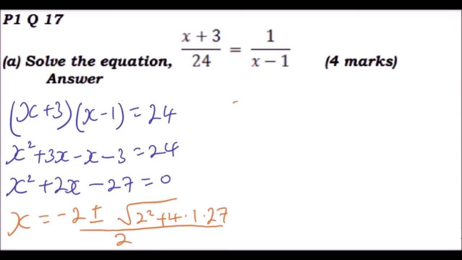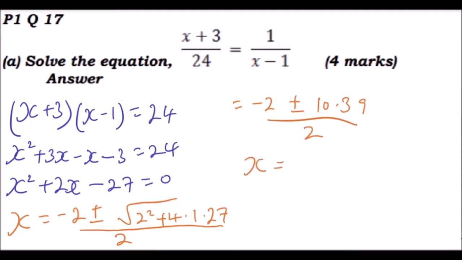So you find this is equal to minus 2 plus or minus, you multiply this and you get the square root, it is 10.39, divided by 2.